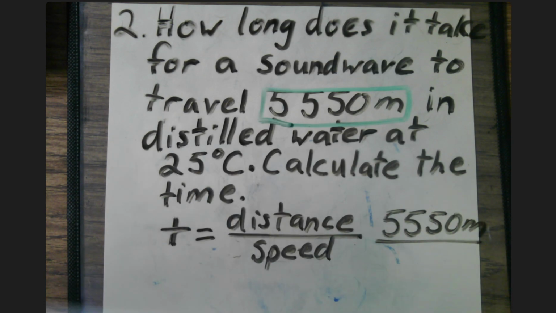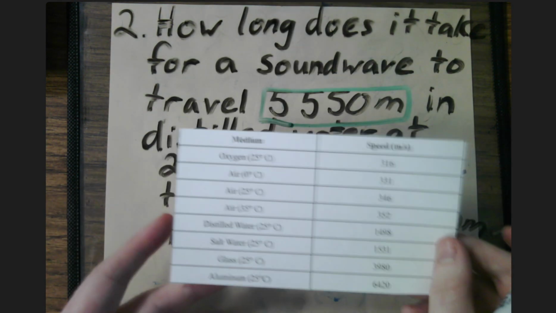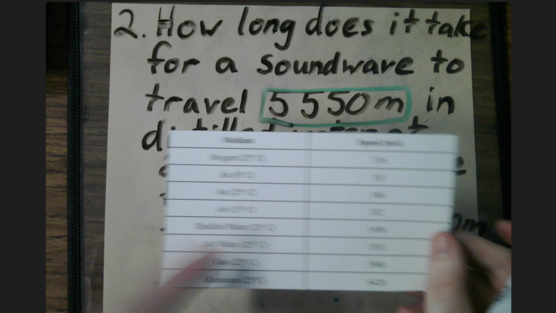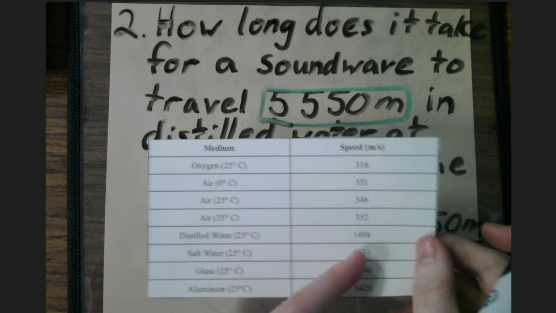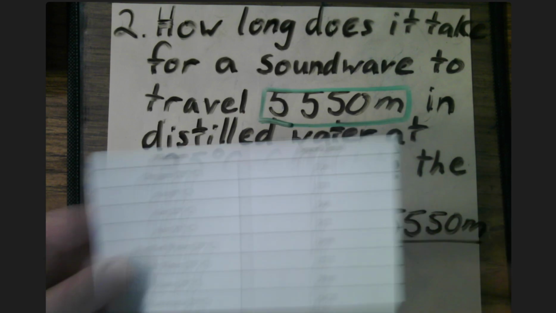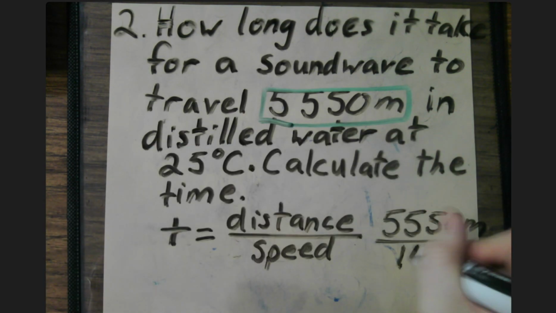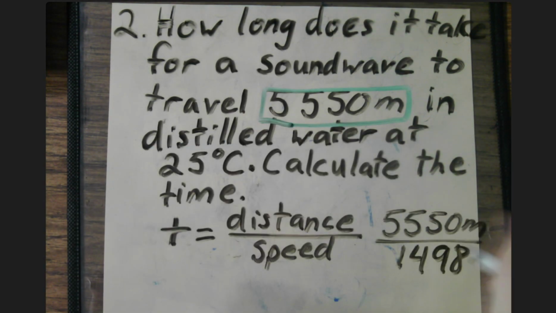So let's pull out our chart again. Distilled water at 25 degrees Celsius, 1,498. 1,498 meters per second because we are dealing with speed.